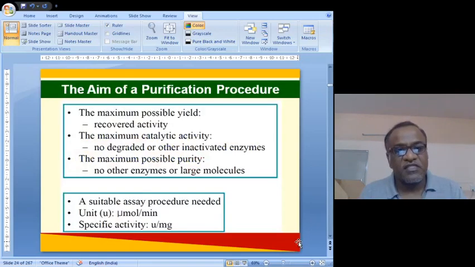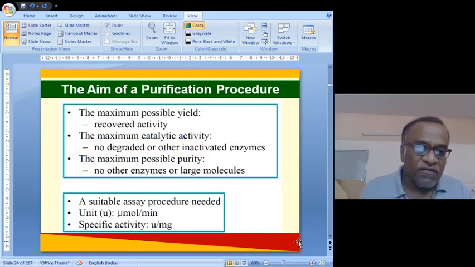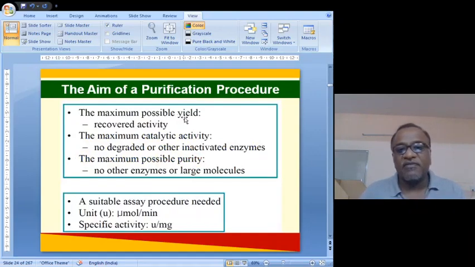enzyme. So the aim of a purification process is to maximize the yield. That is, the maximum possible yield should be taken care of. That means the activity should be retained in the recovered product. The maximum catalytic activity should be there. So one thing is yield: you should have maximum yield. Then whatever yield you have should have maximum catalytic activity.